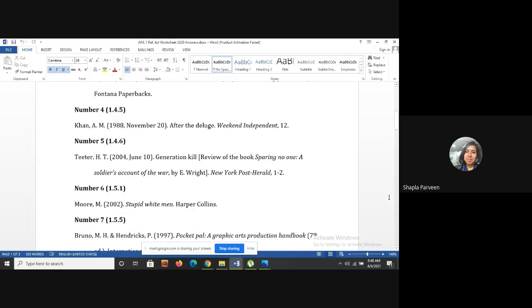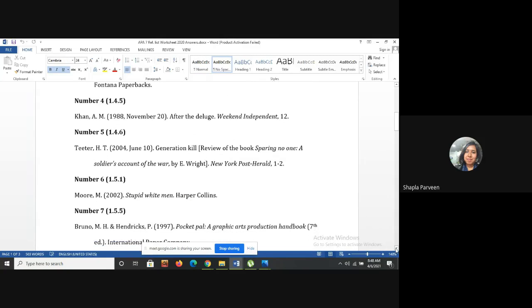Number 5 here. Remember, it's a review. That's why the reviewer's name comes first. Tita, that's the last name, followed by the initial of the first and middle name. Then the year of publication is 2004. Since it's a review, the month and date are also given.